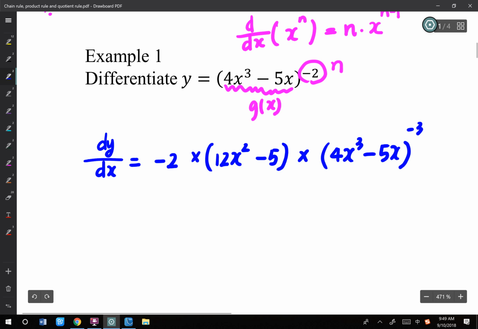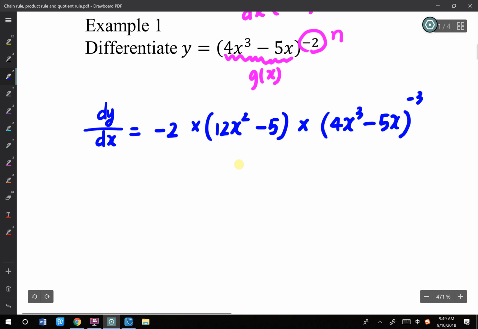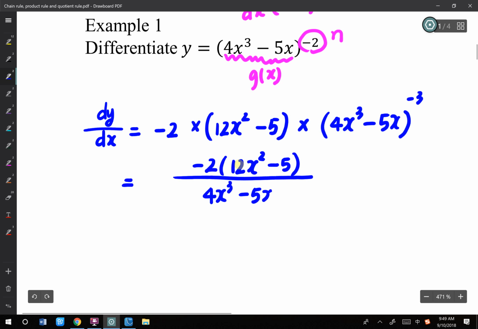Yeah, that's the result. Well, I can leave it like that, or if I want to make it look better, I can make it look like that. Just make the negative power become the reciprocal.